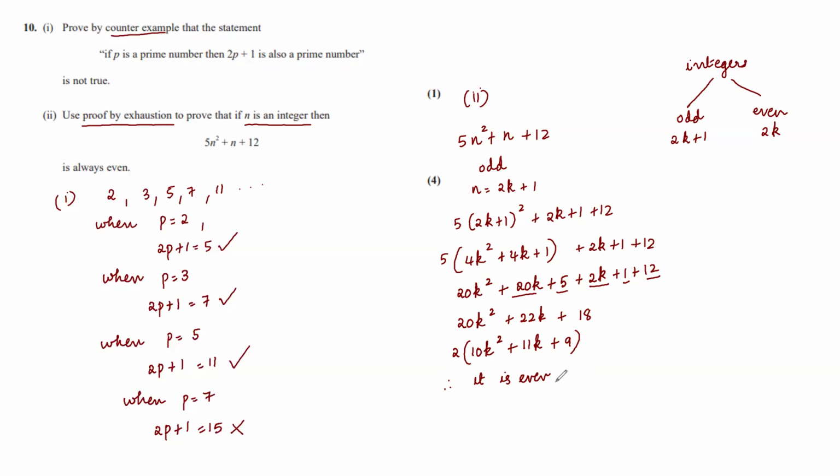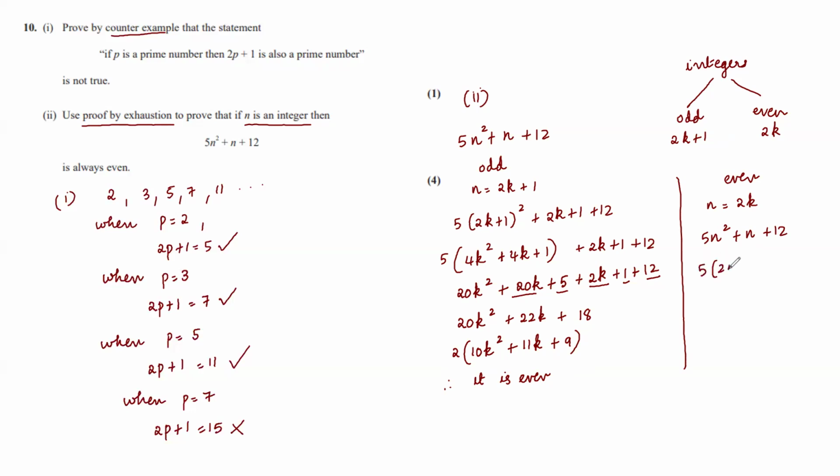Same thing we need to do for even numbers. For even numbers, we know the condition is n is equal to 2k. So 5n square plus n plus 12. Wherever we have n, replace it with 2k.